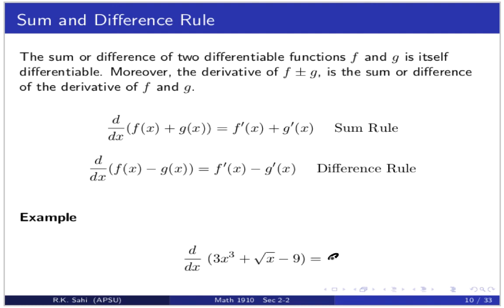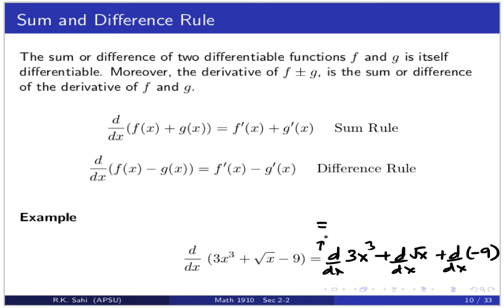So what does that mean? It means take the differential of 3x cubed plus the differential of square root of x plus the differential of minus 9. Now, we have already done 3x cubed. So I'm going to go upwards, there's much more space here.